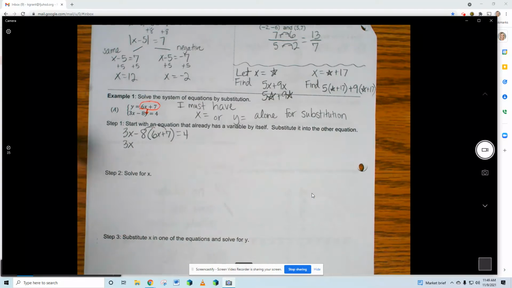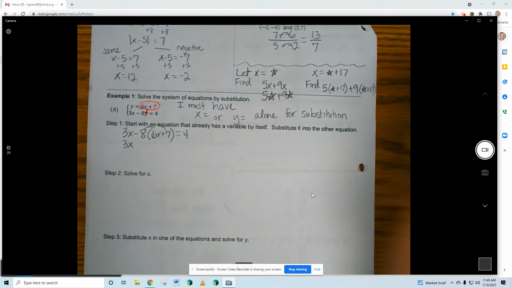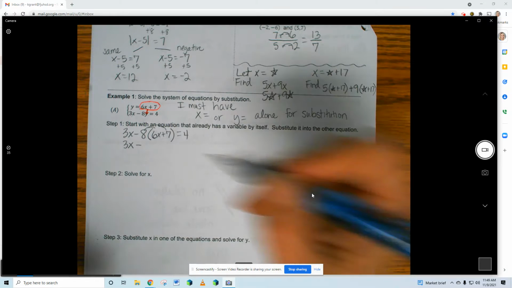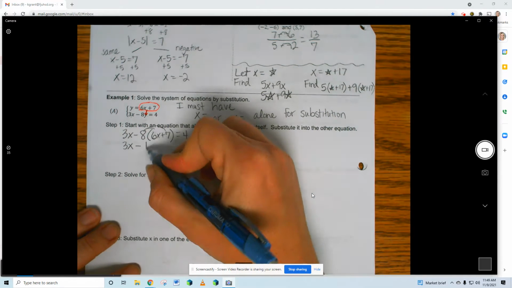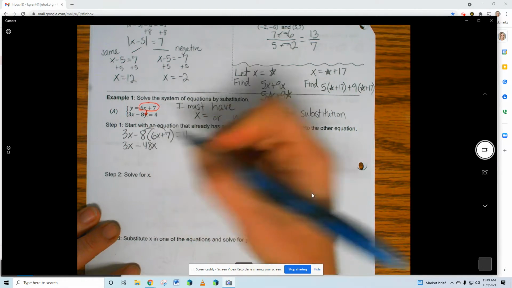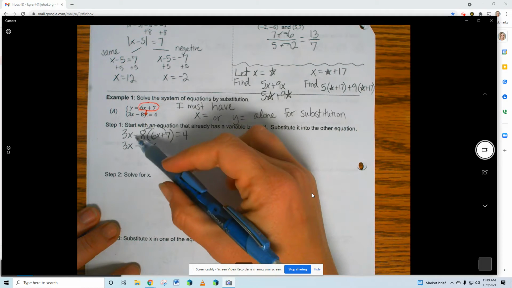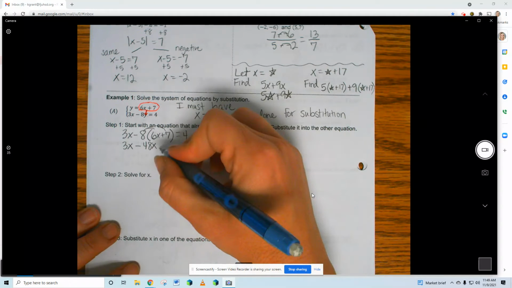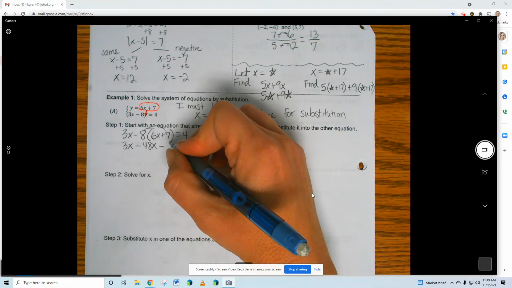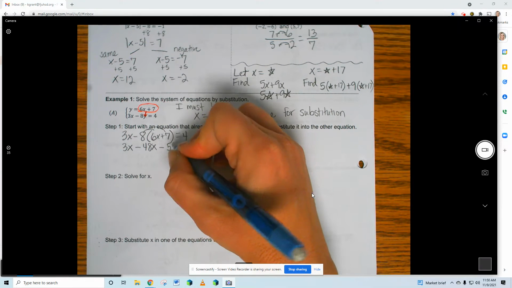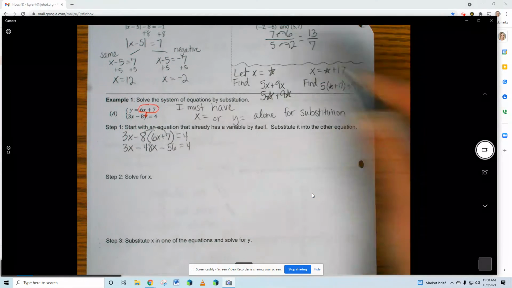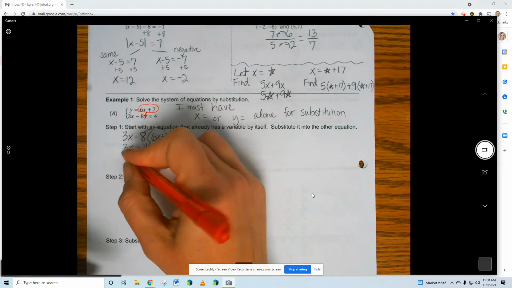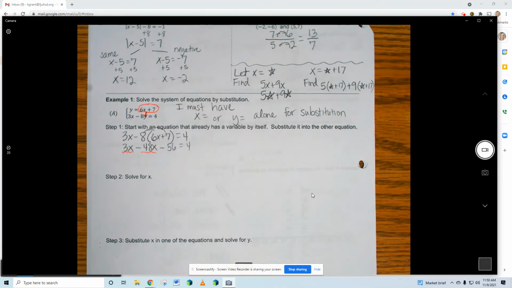And now there's no y in my equation at all. All I have are x's. 6 times 8 is, what's 6 times 8? 48. And then negative 8 times a positive 7. Negative 56. So my like terms are 3 and negative 48. They're on the same side, so I'm just going to put them straight together.